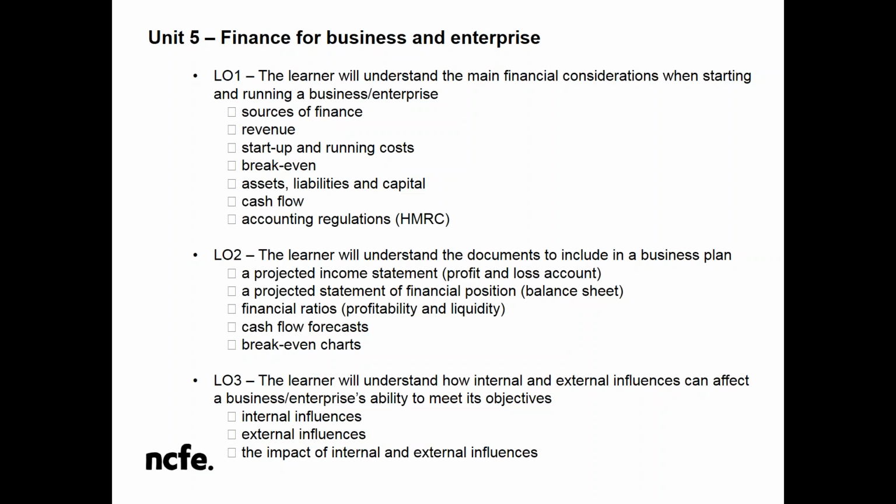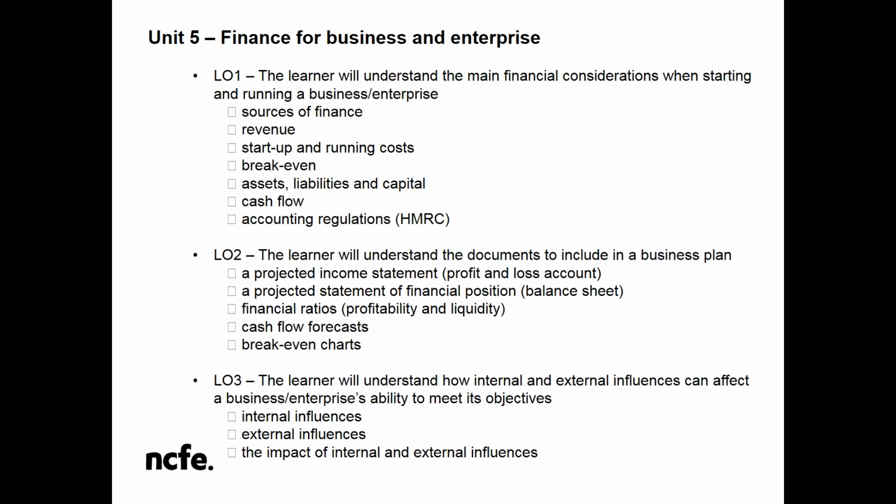In terms of liquidity ratios, current ratio and the acid test. And then we'd also expect you to deliver something around gearing, and how heavily geared a business or an organisation is in terms of loans, etc.